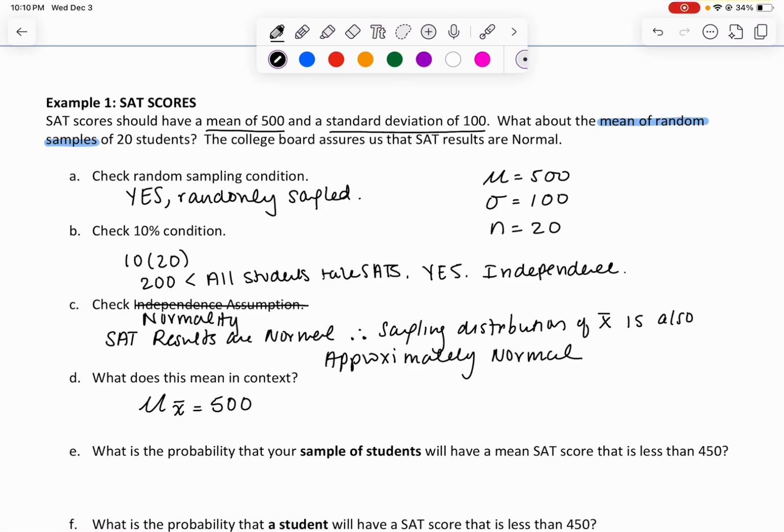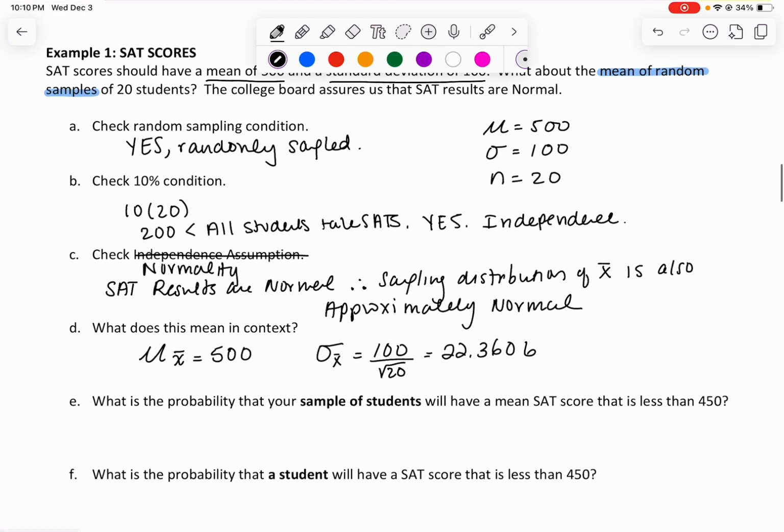And a standard deviation for your sample means, which would be equal to 100 divided by the square root of 20, which numerically is 22.3606.